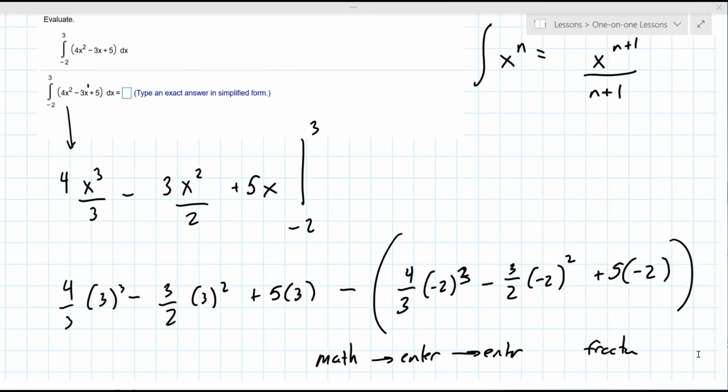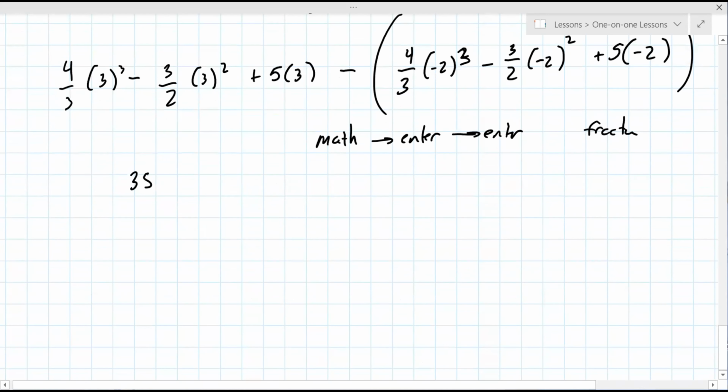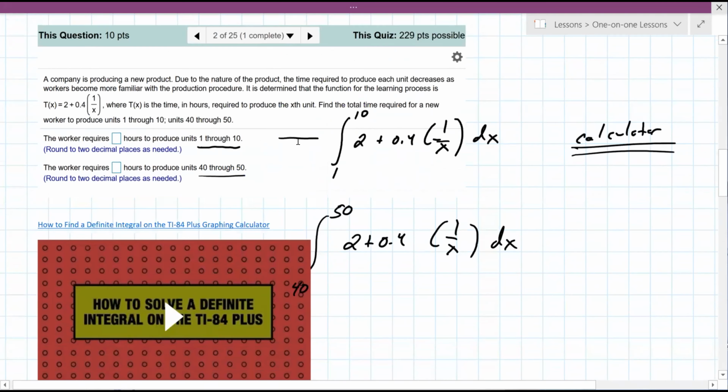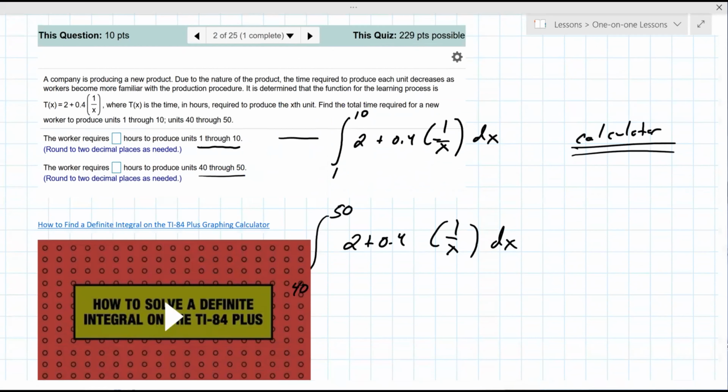It ends up being 385 over 6. Sweet. And I really probably should have done that earlier for these other ones because you'll want to check that you did these right. So let me just give you these values as well.